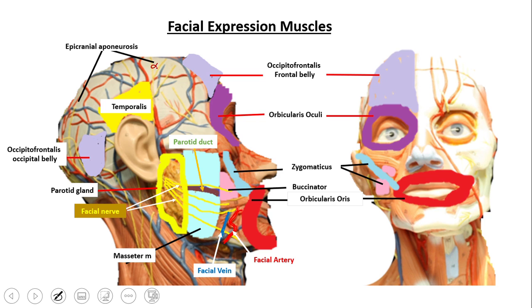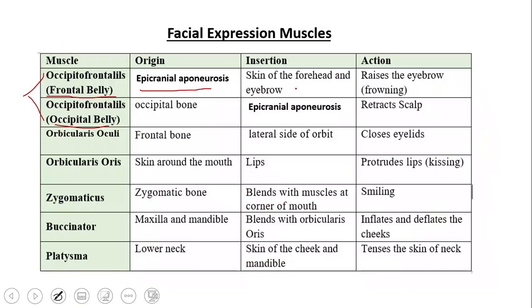It's a flat sheet of dense regular connective tissue to attach the muscle to the bone of the skull. It's like a tendon, but it's rather flat and it's not cylindrical. Epicranial aponeurosis. And then the frontal belly goes to attach distally to the skin of the forehead and eyebrow.